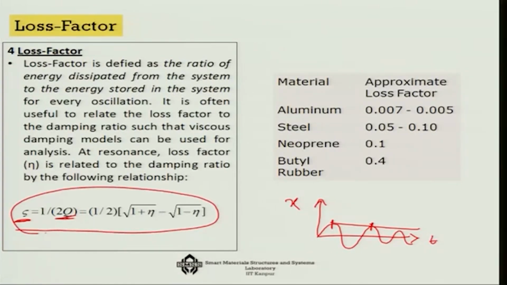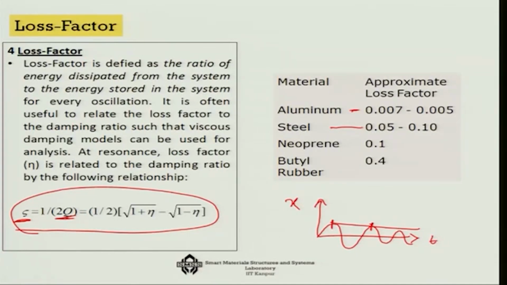Even though zeta and quality factor Q are not directly material properties, eta is a material property, because the more hysteresis there is in the material, the more energy dissipation there will be. For some materials, for example aluminum, the loss factor is much smaller in comparison to steel, which means steel dissipates more energy inside it.